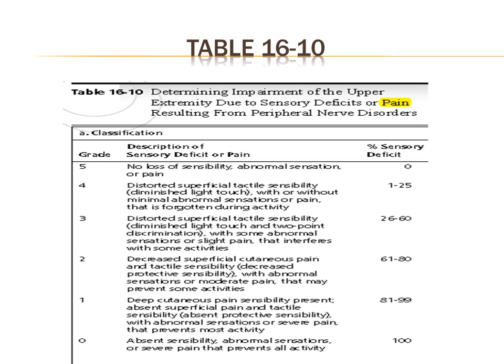And I don't want to belabor the point, but continuing down the chart, and you can read the definitions from Table 16-10, describes increasing loss of sensory function of the peripheral nerve root. And I have not seen any of these particular cases in my examinations of injured workers. I've never seen a person with a grade 0 who had complete absent sensibility or had severe pain that prevents all activity.